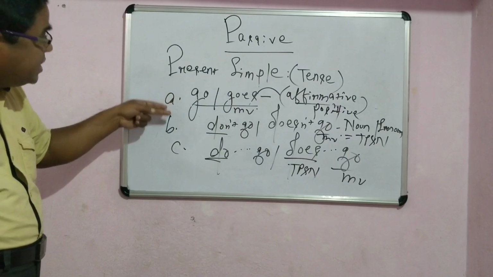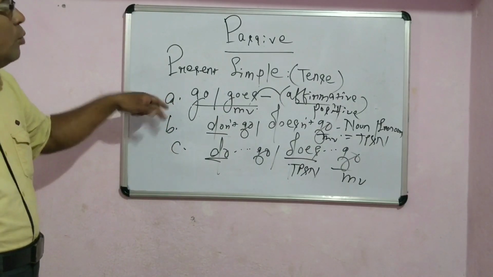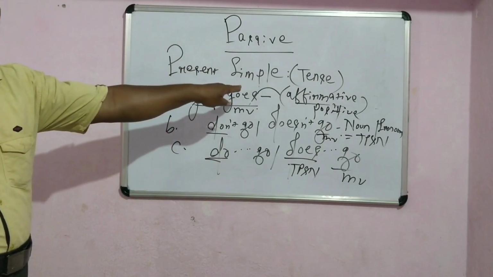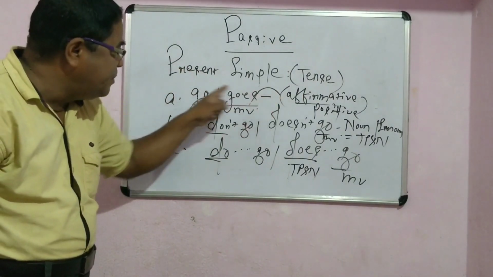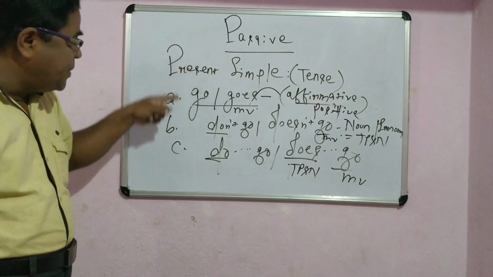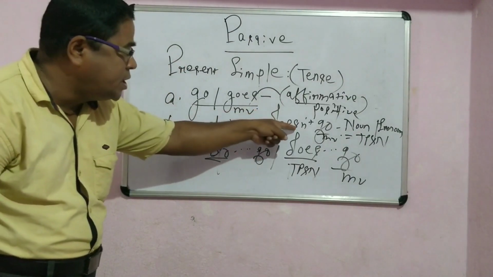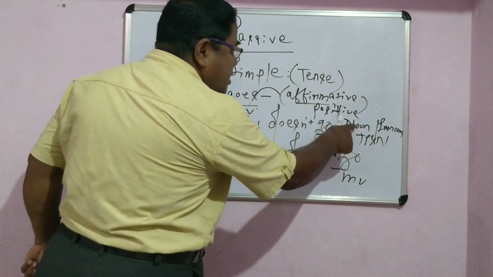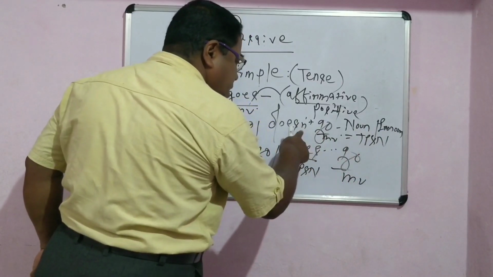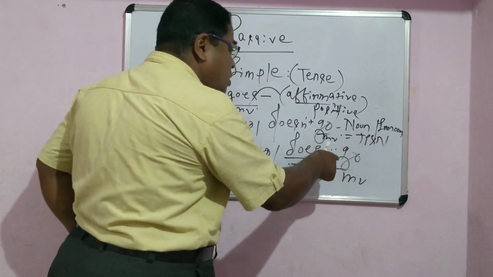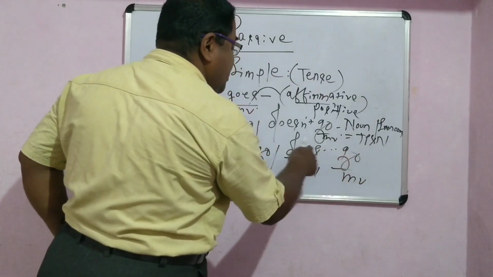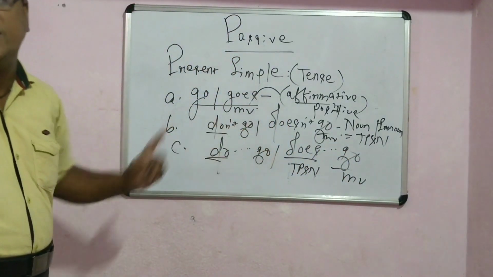So on these three forms of a present tense, we can change active into passive. Again I am saying that go, goes is the affirmative sense of present simple. Your present simple becomes do not go or does not go in the negative. Does is used for noun or pronoun in third person singular number in negative. Does plus main verb is also used for noun or pronoun in third person singular number in interrogative.